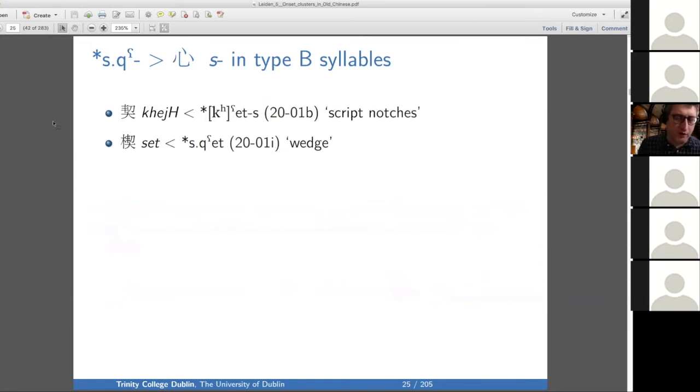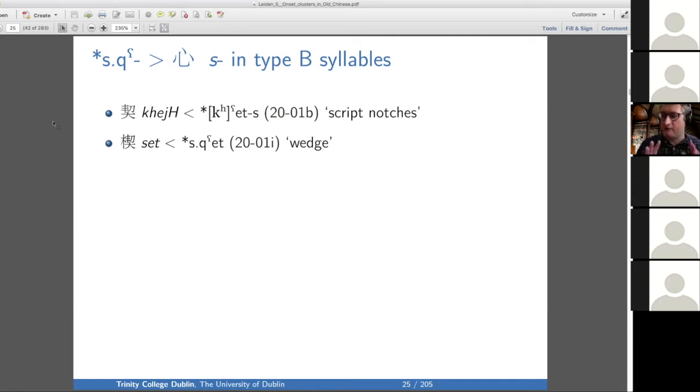Okay, so now here's a series where we actually have an S connected to a velar, and actually this is one where morphological speculation comes in. They think script notches and wedge are etymologically related, and I think that's actually how they present it in their book.